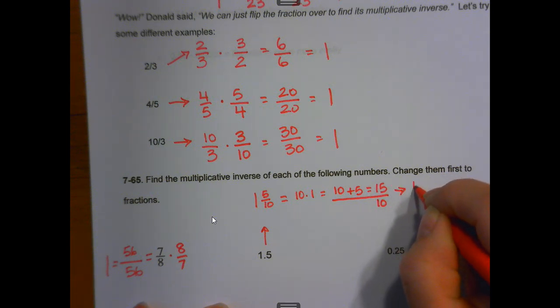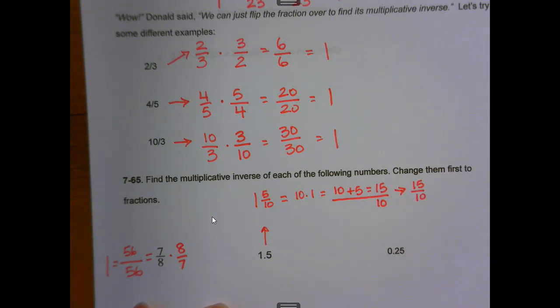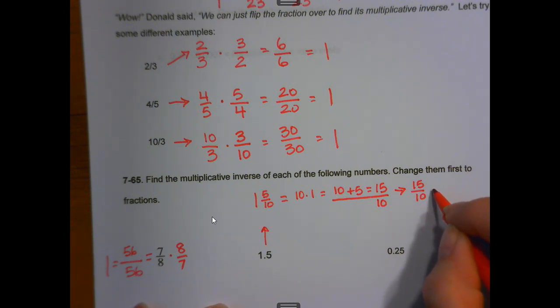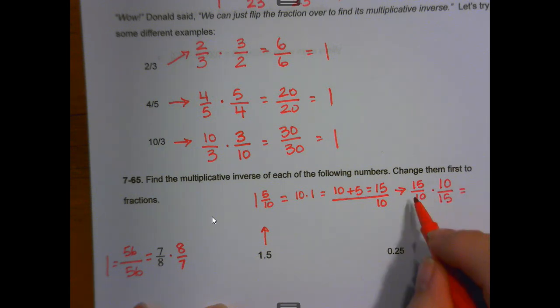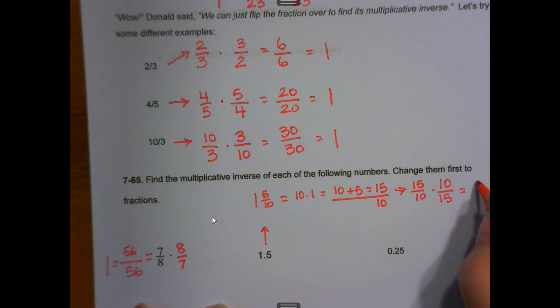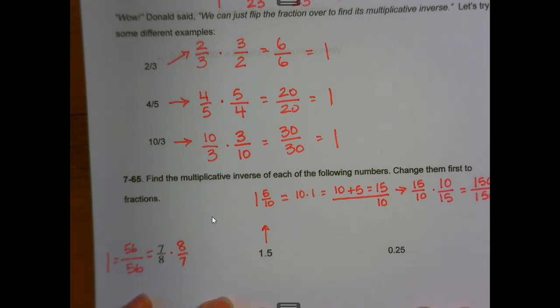So my 15/10, if I switch that around, my multiplicative inverse becomes 10/15. Multiply it just straight across, and we get 150 150ths. Divide those numbers together with each other, and I get 1 again. So we have done that one correctly as well.